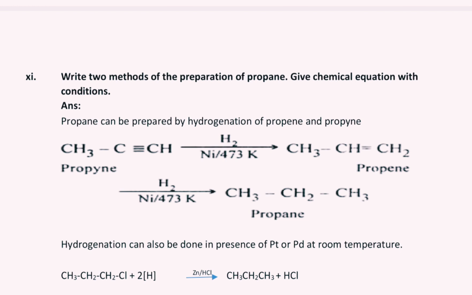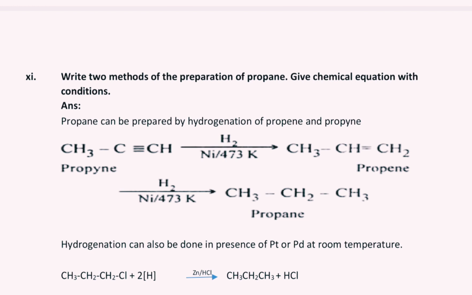So for propane, you can start from propyne. That means you need a 3 carbon chain with single bonds. So we take a 3 carbon chain with the triple bond, we start, and then we just do the hydrogenation and first it is converted into propene, and then propane. And we know the catalytic hydrogenation we do is in the presence of nickel, so we can do it right here.